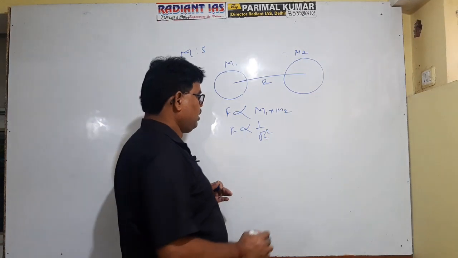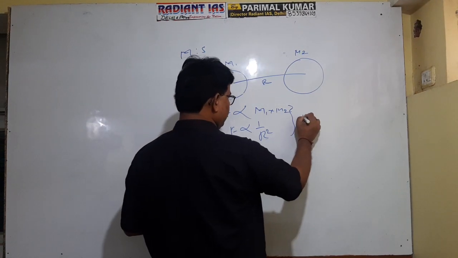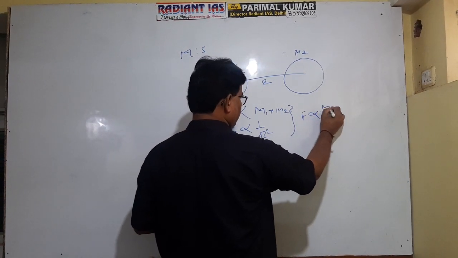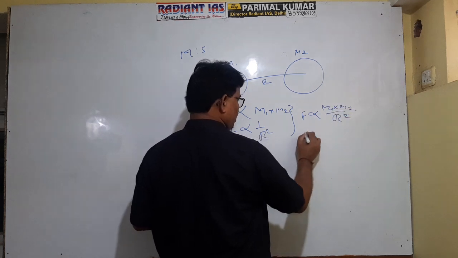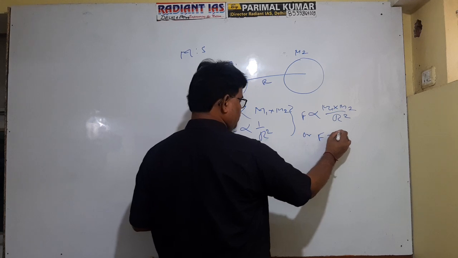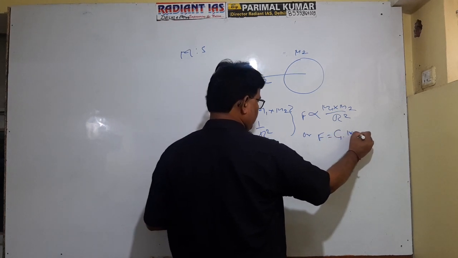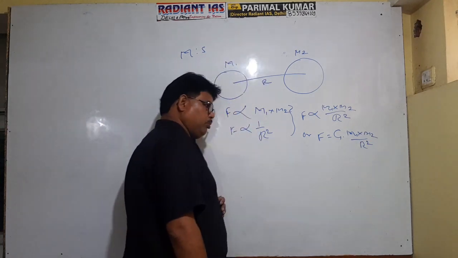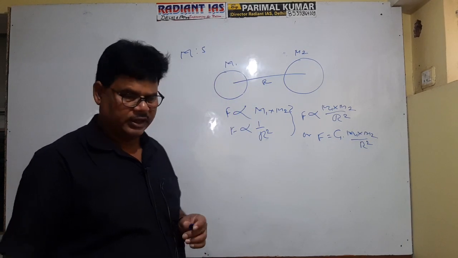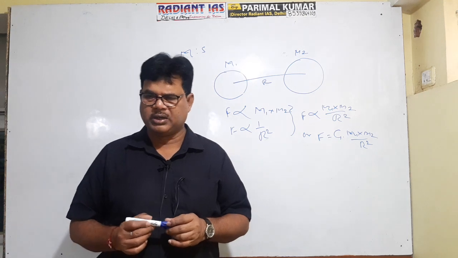Combining these two, you will get F proportional to m1 into m2 upon r square, or F equals G into m1 into m2 upon r square, where G is the constant of proportionality, referred to as the universal gravitational constant.